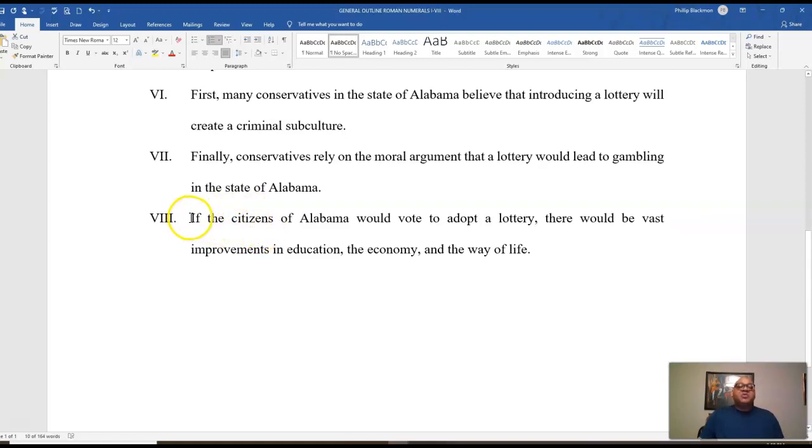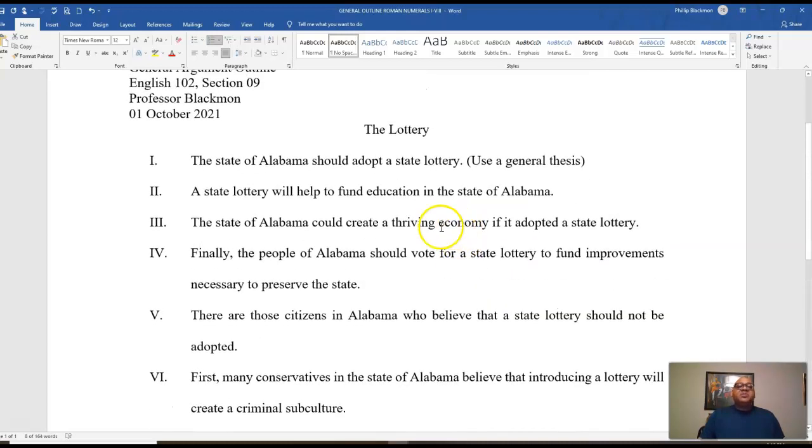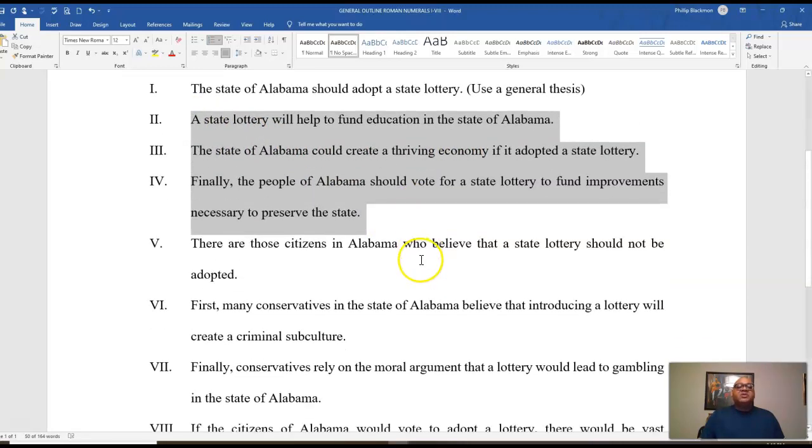Here is just a summary. I'm giving my 3 points. If the citizens of Alabama would vote to adopt a lottery, there will be vast improvements in education, the economy, and the way of life. Same 3 points that I used up here for 2, 3, and 4.